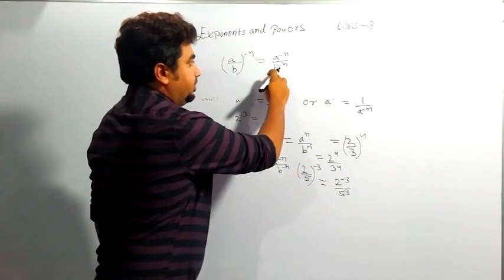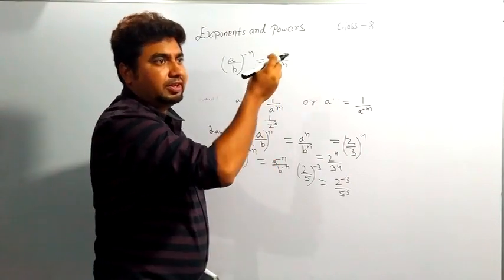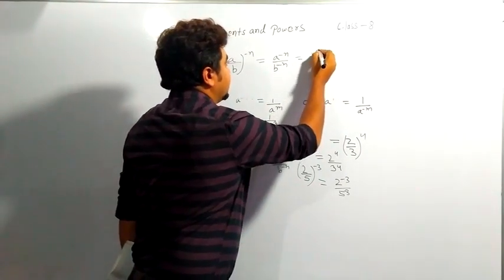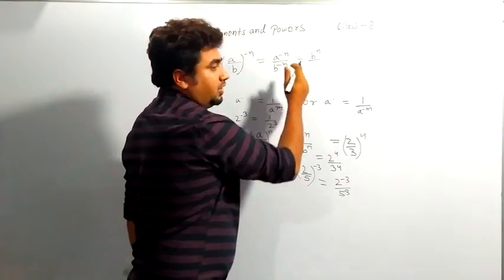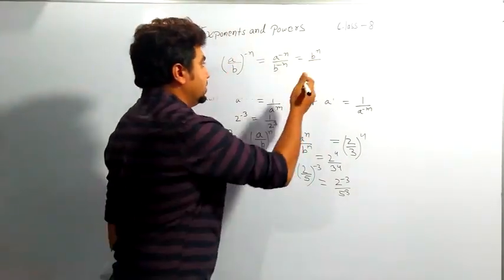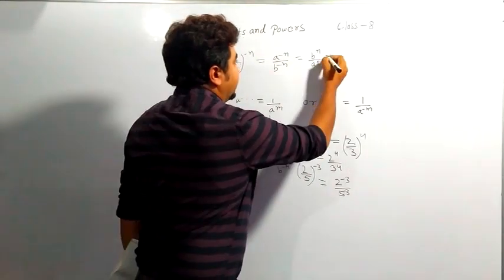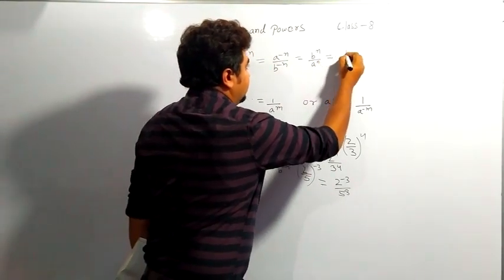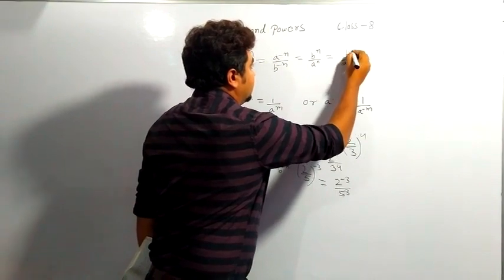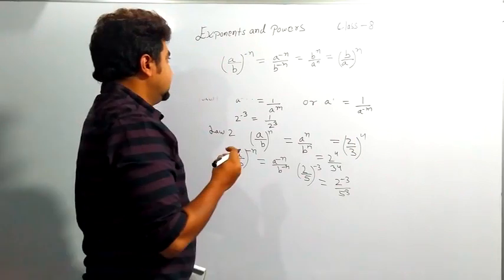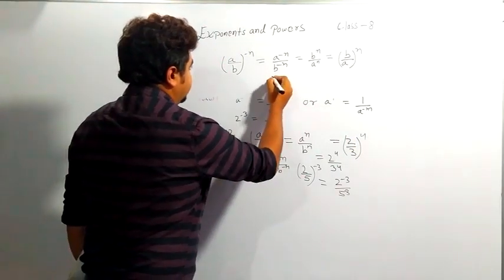If we take b to power minus n to the numerator, it becomes b to power plus n. And a to power minus n, if we take it to the denominator, it becomes a to power plus n. Then we can take b by a to power n. Is it clear?